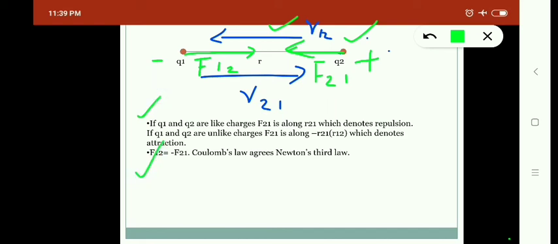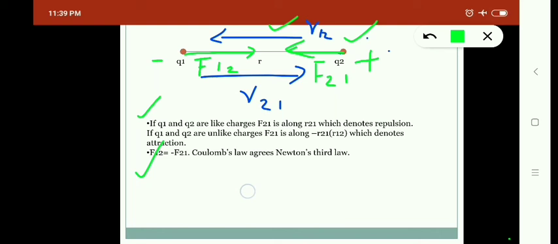And what is the second point? F12 is equal to minus of F21. That is also very clear from this figure. The direction of F12 and direction of F21 is always opposite. It doesn't matter whether the charges are like charges or unlike charges. In both cases, F12 is opposite to F21. So that's why F12 is equal to minus of F21. The negative sign indicates that both are acting in opposite directions.